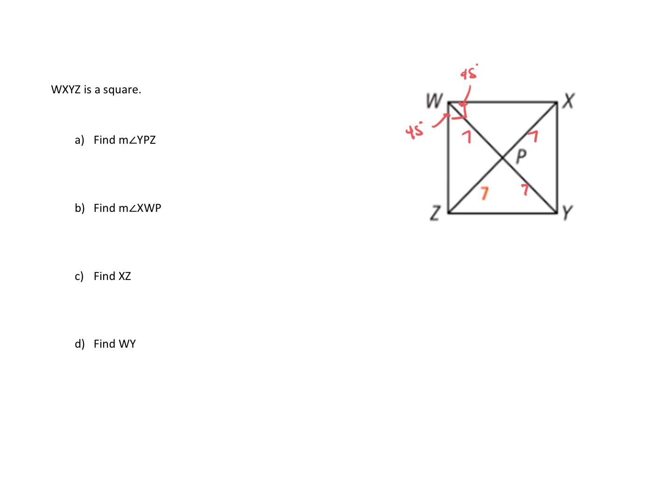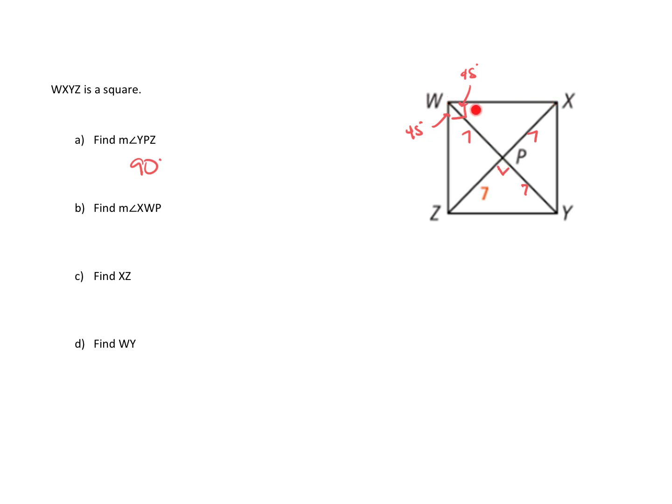All right, well, let's see if we can answer some questions. Find the measure of angle YPZ. So from Y to P to Z, it's the one thing we didn't mark. So we're at P. Remember your diagonals are also perpendicular. So we have right angles there where they meet. So that gives us a 90-degree angle. Part B, find the measure of angle XWP. So W is the vertex.